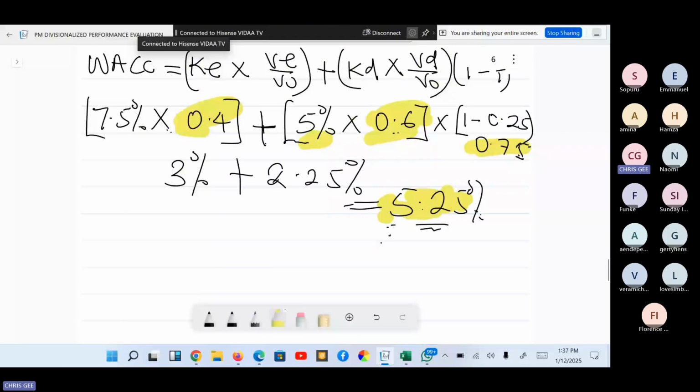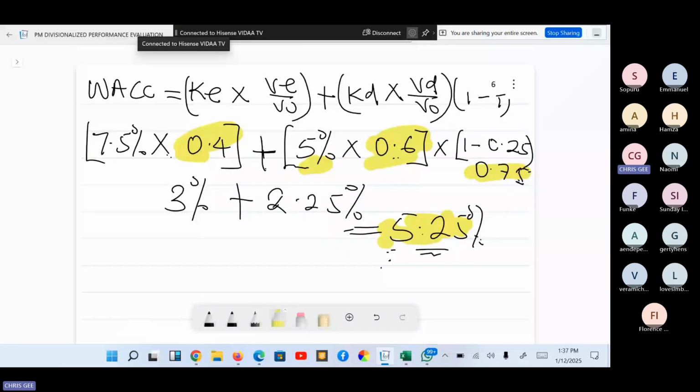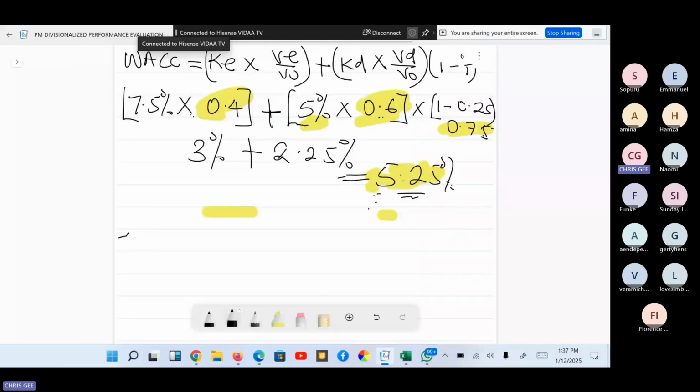You can decide to convert everything. If you want to convert everything, let's do it together. This is 0.075, multiplied by 0.4, plus 0.05 multiplied by 0.6 multiplied by 0.75.